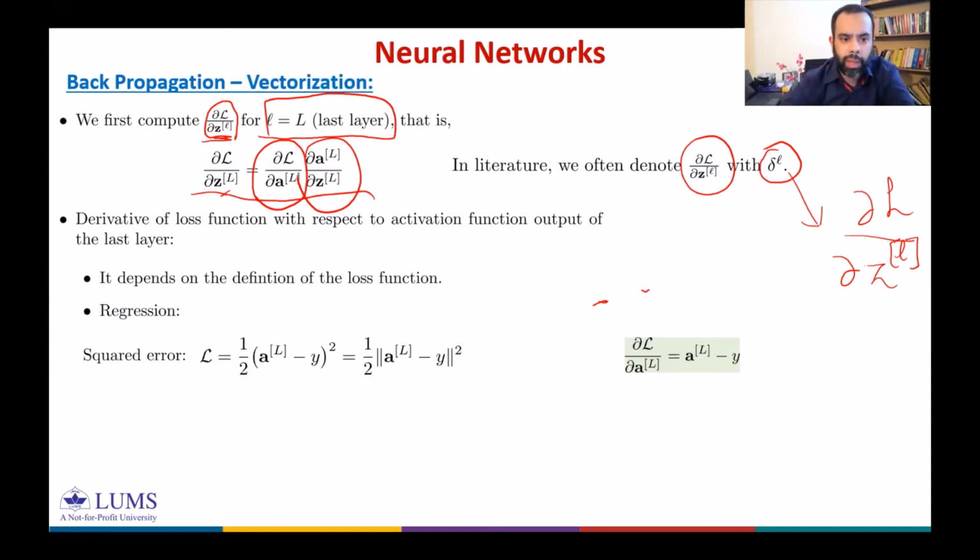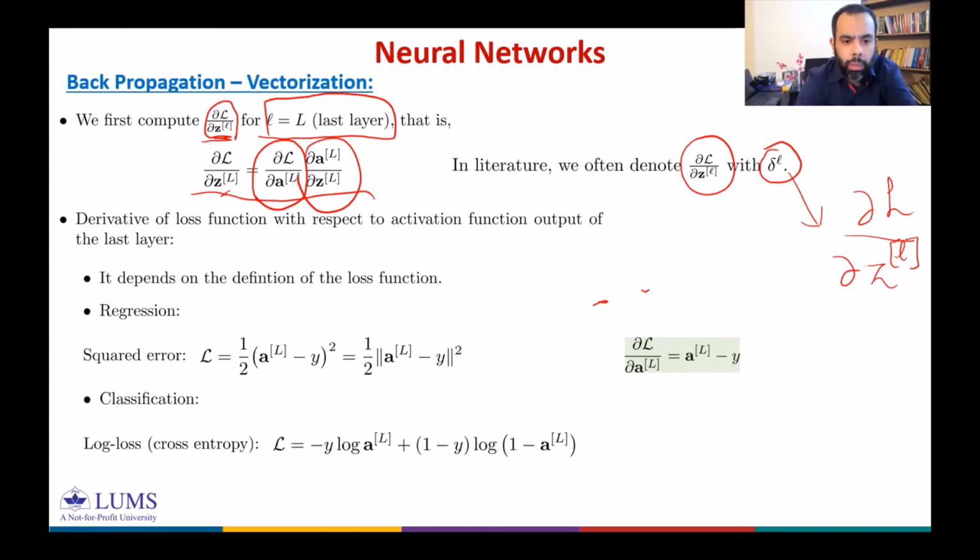If the problem is classification, the loss function is log loss or cross entropy, it will be simply minus Y log of A^L plus 1 minus Y log of 1 minus A^L. Here we're assuming that this is a scalar and this is a scalar. If it's a vector, you can have a transpose and you can redefine the loss function.